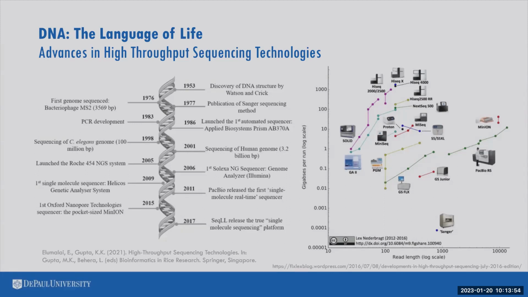Around 2006, 2007 is when the second generation, or next generation, sequencing started, right? Illumina is a biotechnology company that came up with their first machine that can take DNA and then sequence it. They start off here, where you can see really short reads.